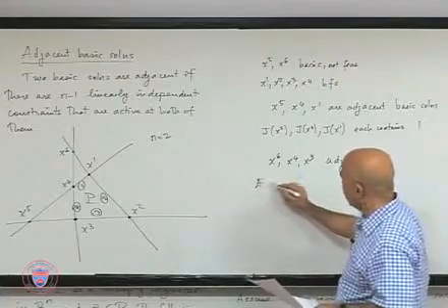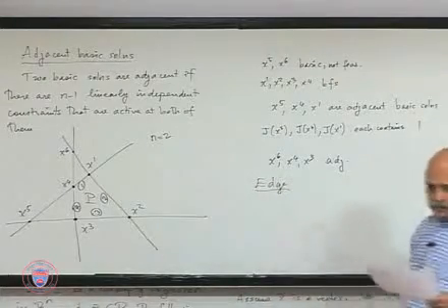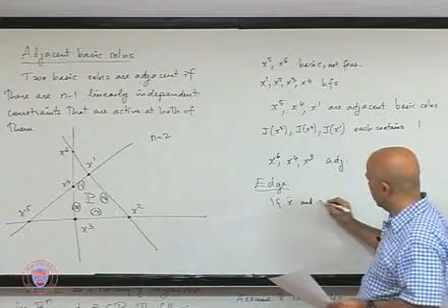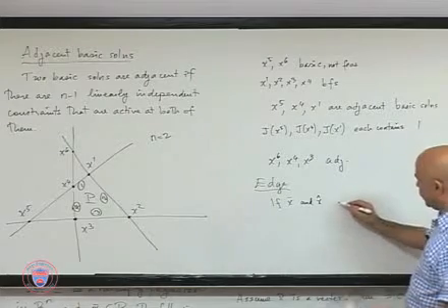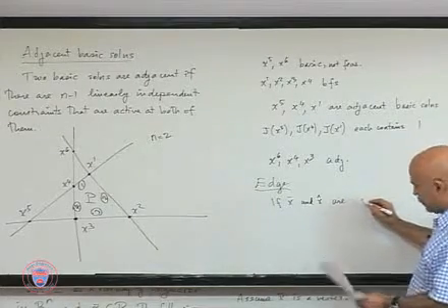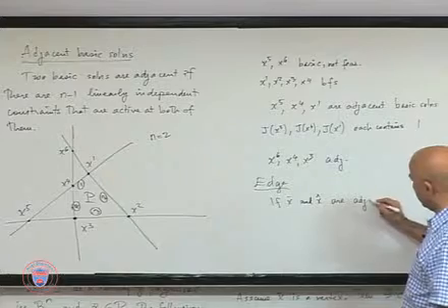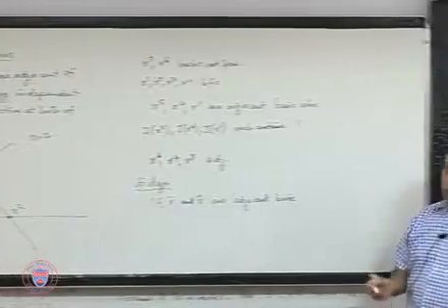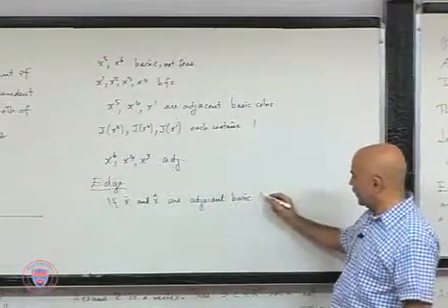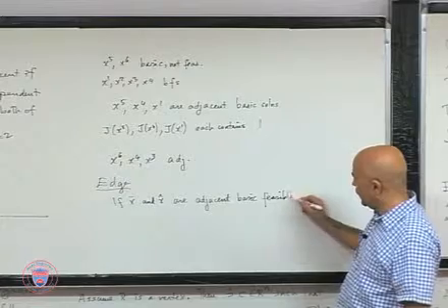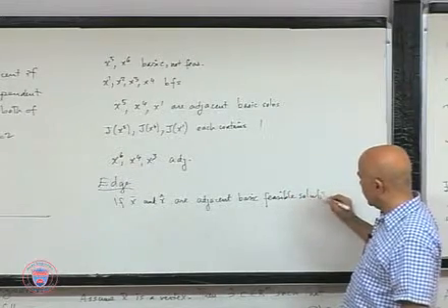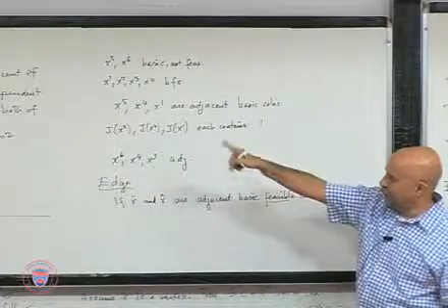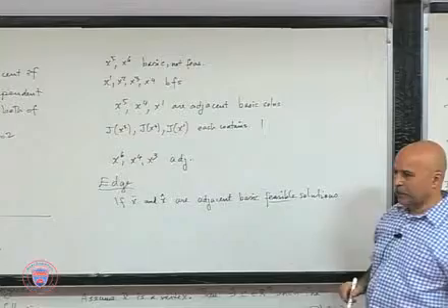Let me also define edges here, or edge. If x bar and x cap are adjacent basic solutions, and if they are also feasible, so if they are adjacent basic feasible solutions, in that earlier one we did not really talk about feasibility.